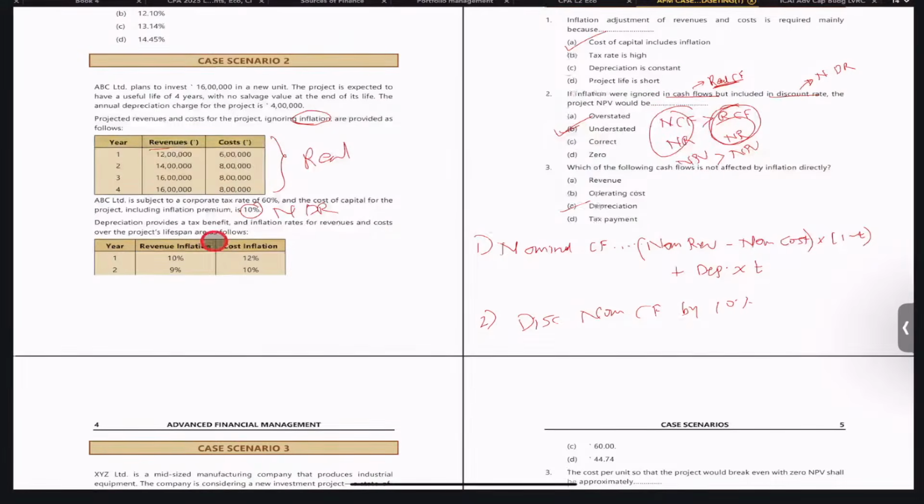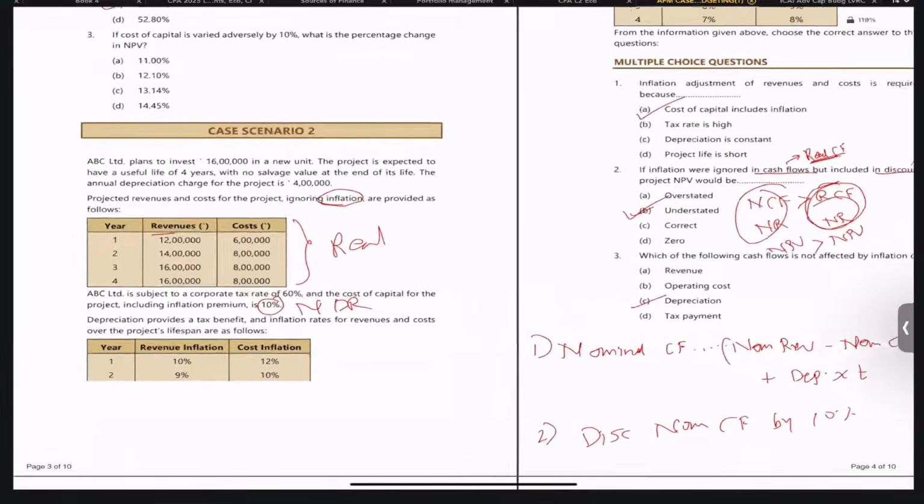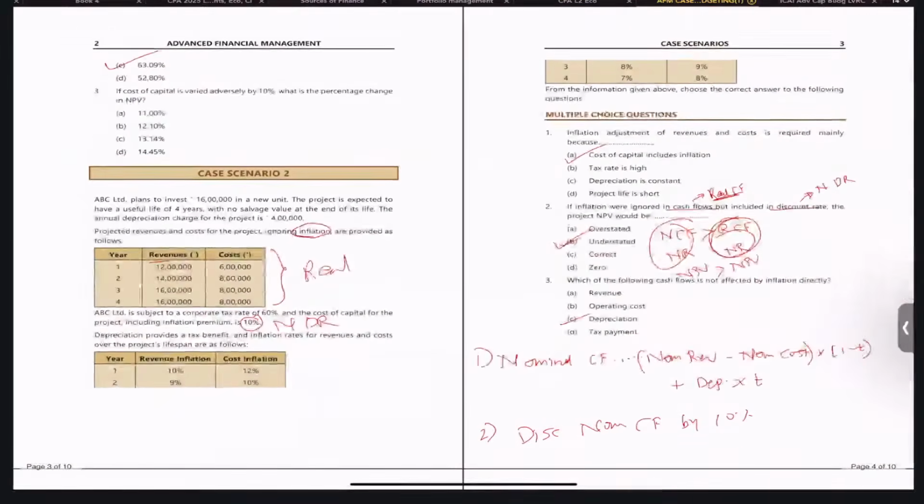So can you calculate the NPV for this second case scenario question? Can you calculate? Yes or no? Hello.